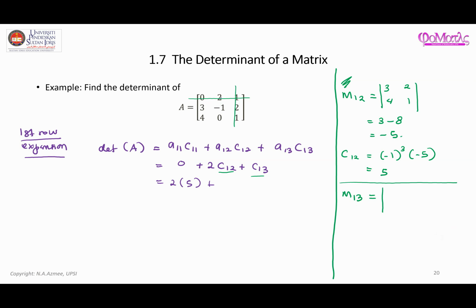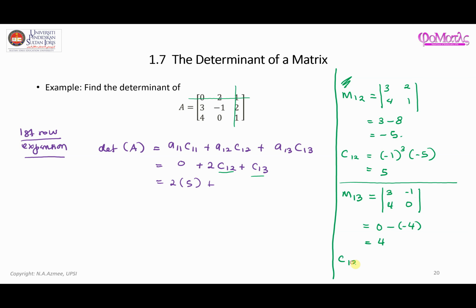So the entries that we're going to consider are 3, negative 1, 4 and 0. To find the determinant of this matrix, we cross the items here, 0, negative. This is negative 4.